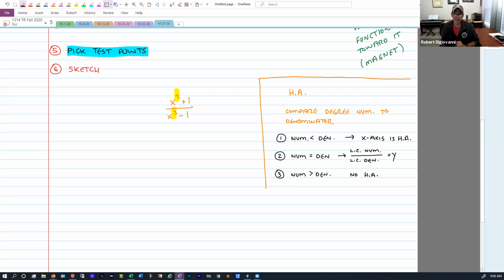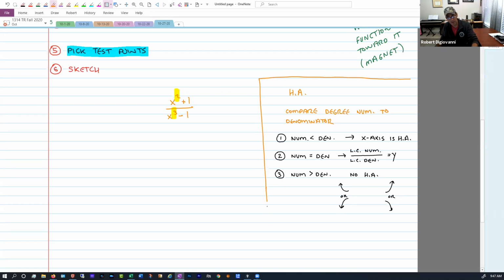That means you do not have a magnet that's going to pull your graph down. So the left side is going to go up forever, or it could possibly go down forever. We don't know. And the right side could go up forever or go down forever. We don't know. So in this last case, the end behavior is going to be more like a polynomial where the sides go up or down. We just have to figure out which one it is.